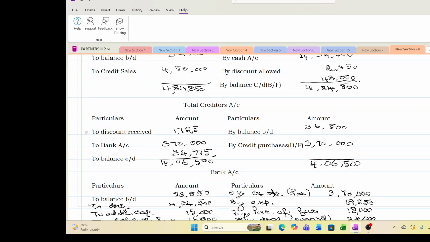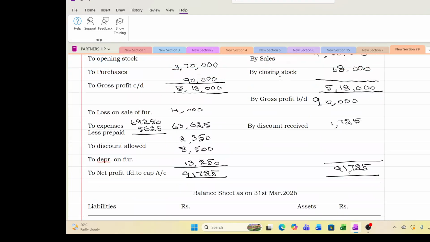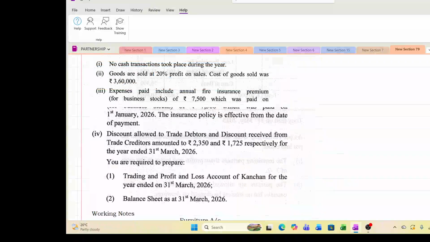Discount received is 1,725, and we will go to the P&L account for discount received 1,725. Now as far as all the adjustment items, everything is entered, and care is taken very cautiously, putting both the aspects for all the additional information.